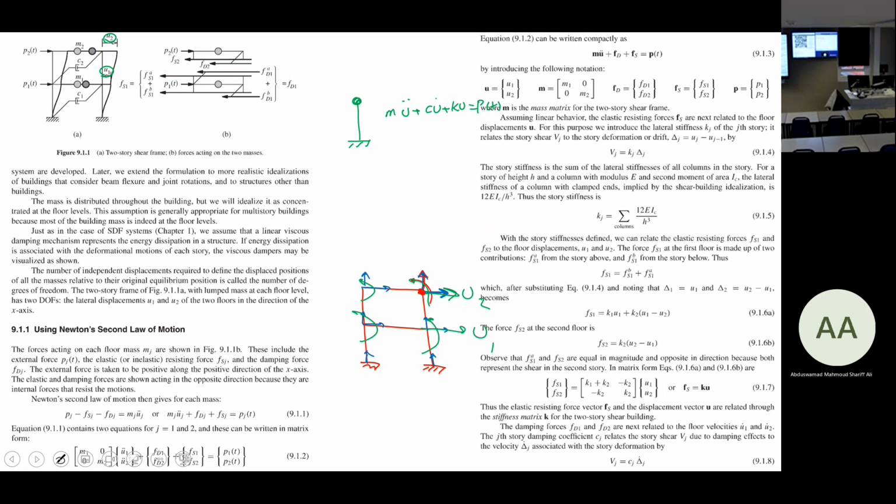We use dots because the emphasis of the derivative is with respect to time, not X. So U is deformation, U dot and U double dot are velocity and acceleration. P(t) is any sort of external load. What's U again? Deformation. Like if it's vibrating like this, this is U, positive and negative.